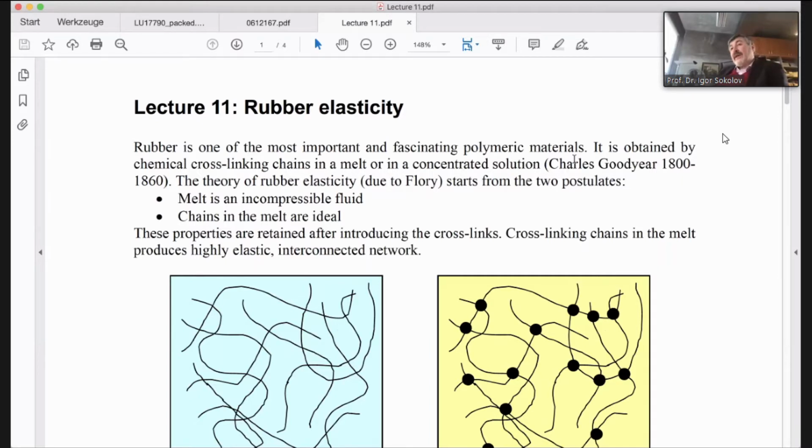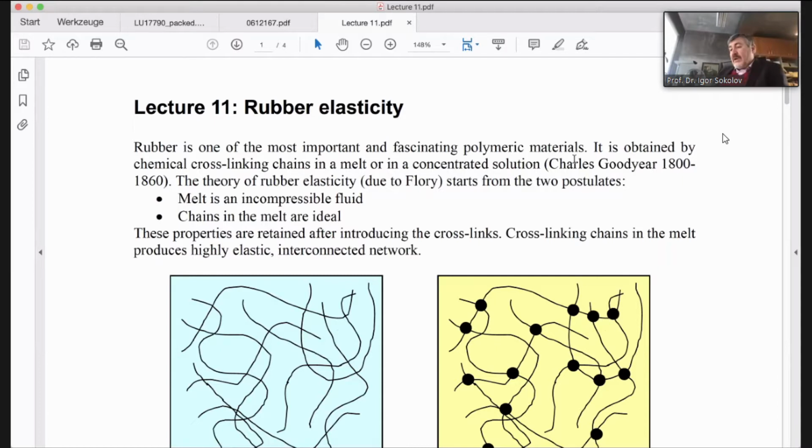So the story of the rubber as essentially the first polymeric solid started with Charles Goodyear, around the mid-1800s, and he invented cross-linking via vulcanization.